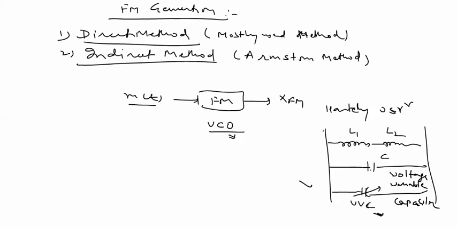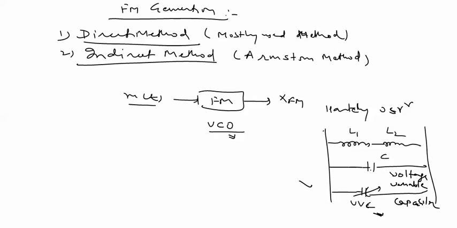A reverse bias applied on the varactor diode results in variation of its reverse bias junction capacitance, due to width variation in reverse bias.